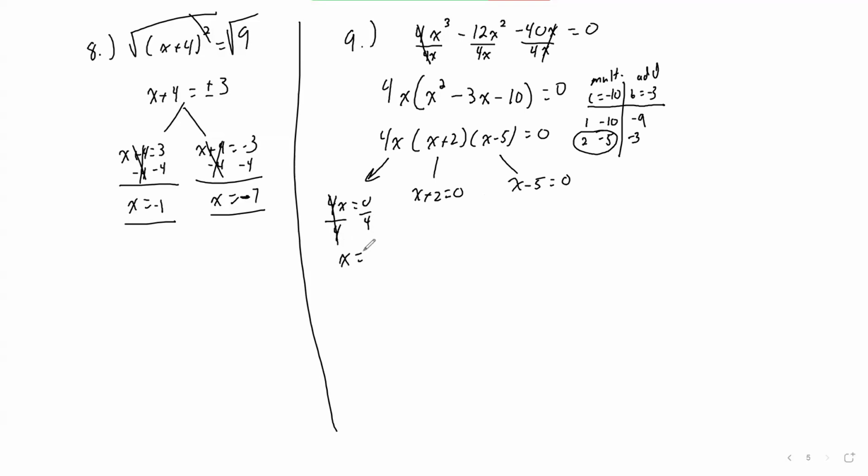And 0 divided by 4 is 0. Opposite of adding 2 is subtracting 2. So in this case, x equals negative 2. Opposite of subtracting 5 is adding 5. So I get x equals 5. So there's all of your answers there.